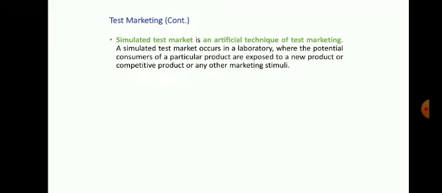And last, the simulated test market, also known as an artificial technique of test marketing, wherein under controlled environmental conditions the research experimentation takes place with respect to the introduction of a new product or a competitive product to study the market stimuli.